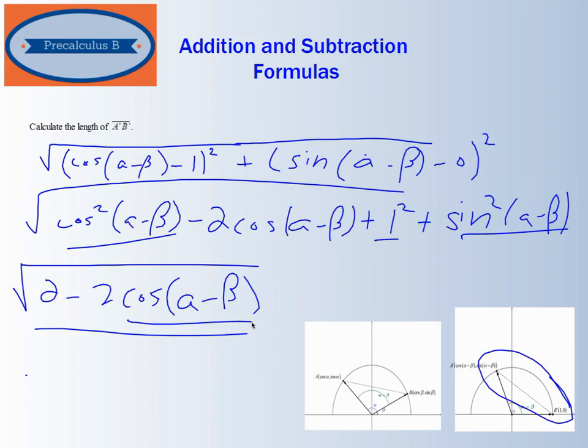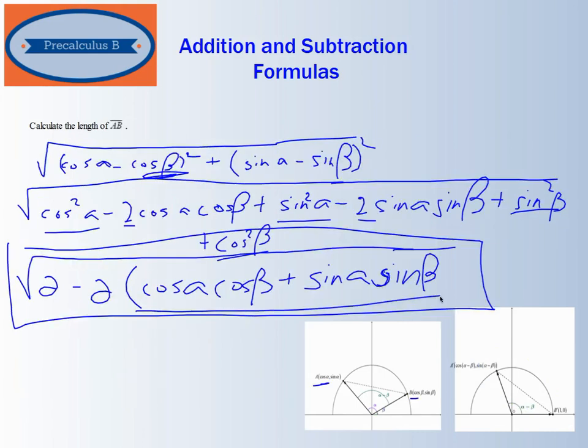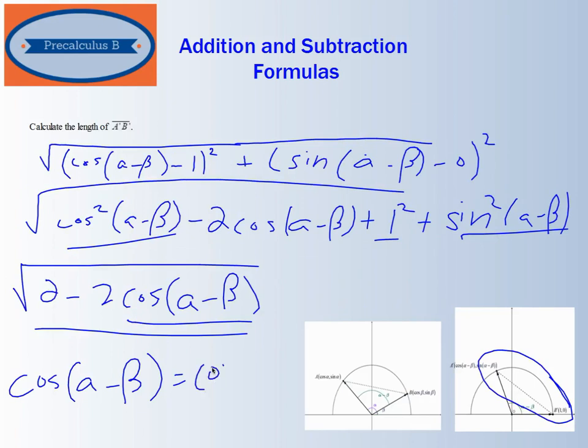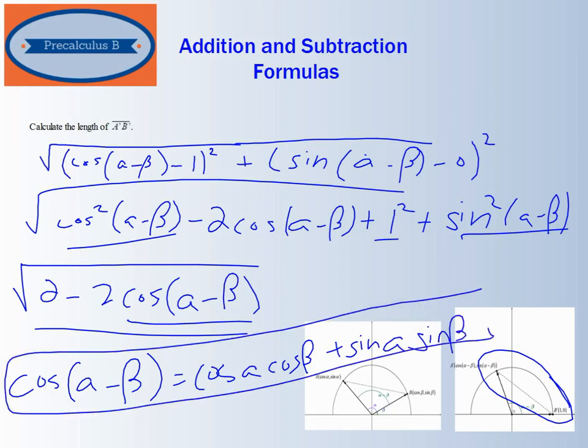So I know that cosine of alpha minus beta, or the subtraction of two angles, is going to equal this piece here, cos A cos B plus sine A sine B. All right, this is our formula for subtraction with cosine.